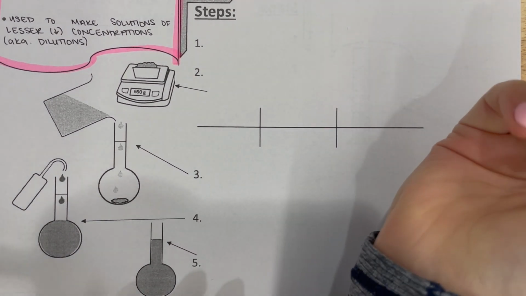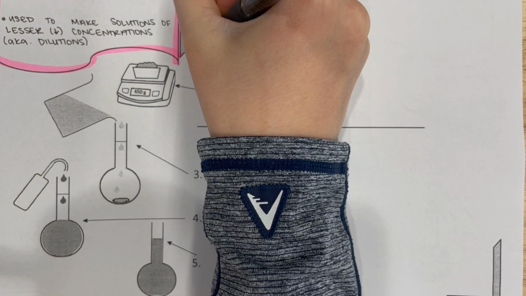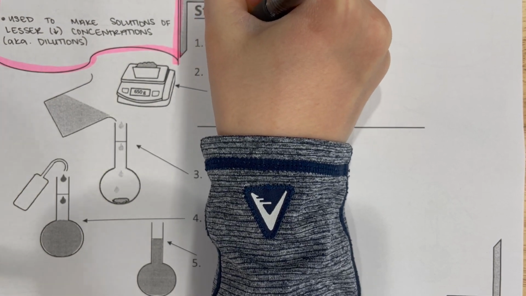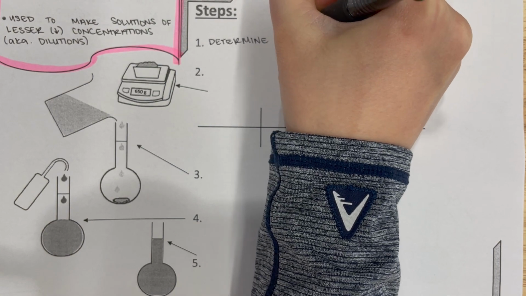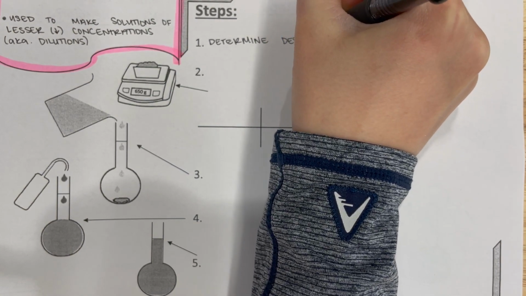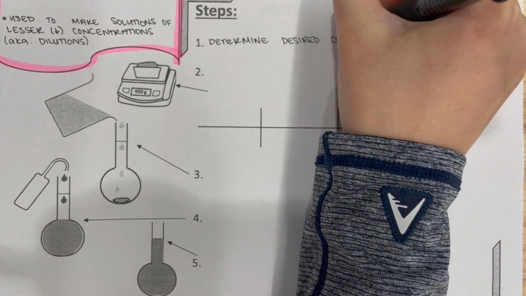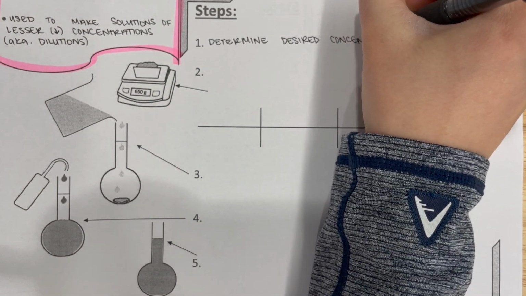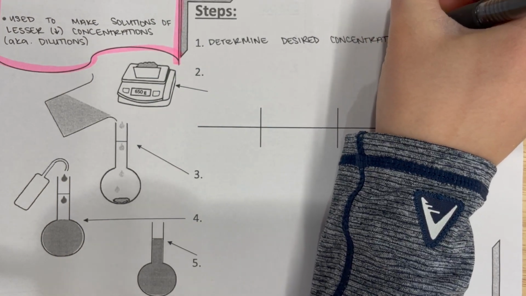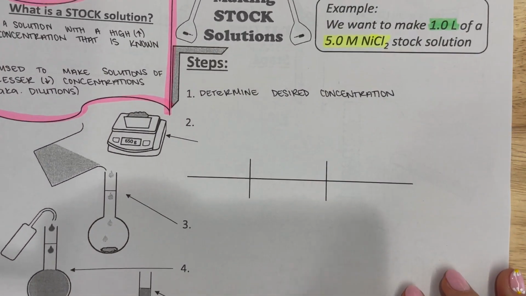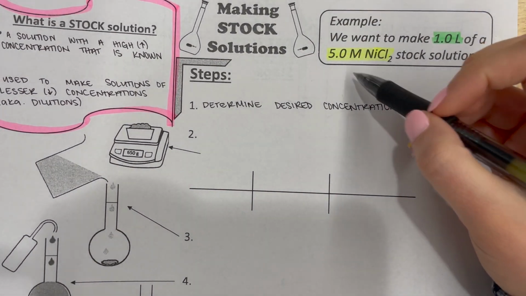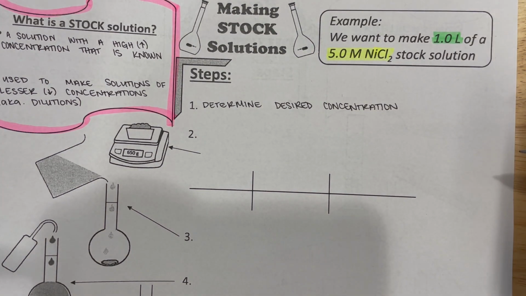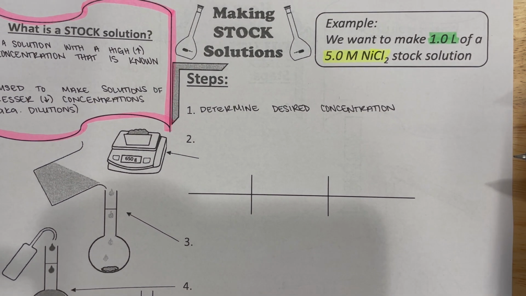Step 1 is that we're going to determine the desired concentration. This is where we look back at our problem. Is this 5 molar your concentration, or is 1 liter your concentration?